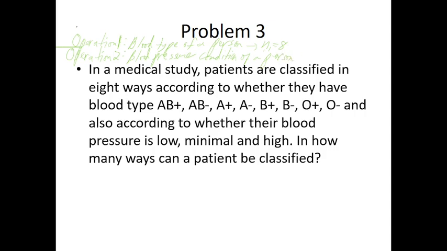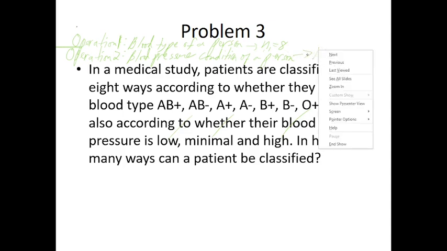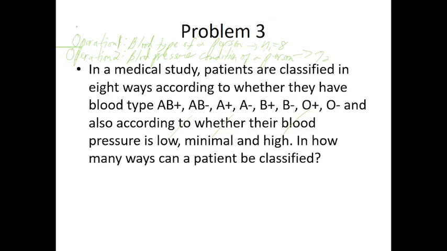The blood pressure condition of a person can be low, can be minimal, or can be high. So in that case, I have three options. Therefore, operation 2 can be performed in 3 ways.